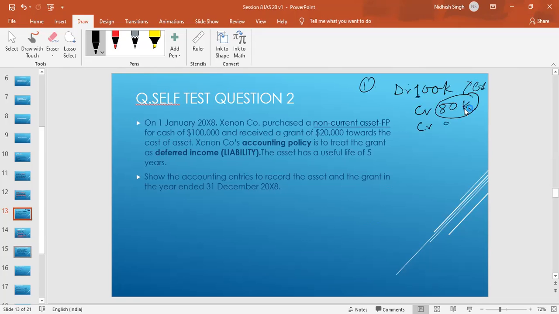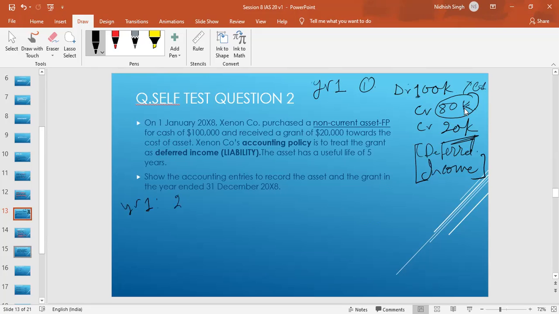Then credit again 20K, the government grant. So this is deferred income. Fine. This is done. Now another entry, same year. So this is, let's say, year 1, same year 1, another entry.